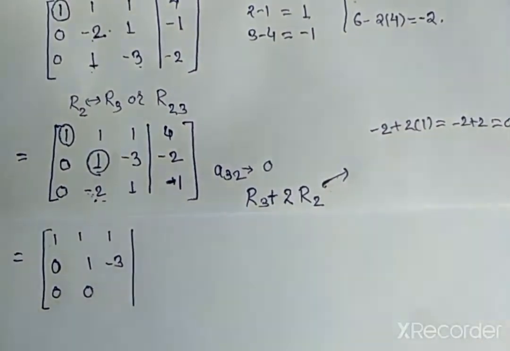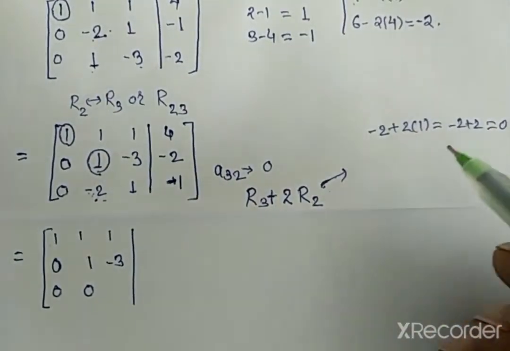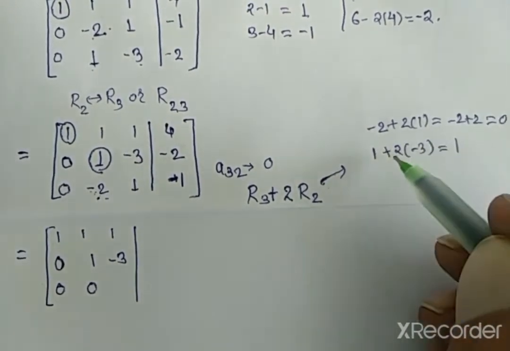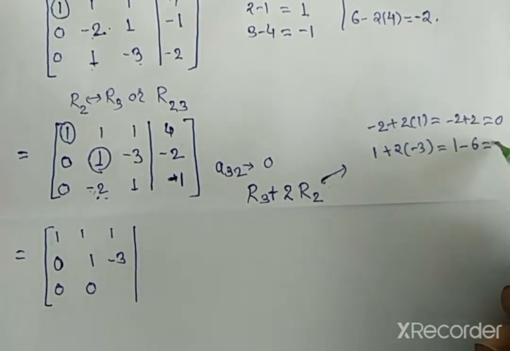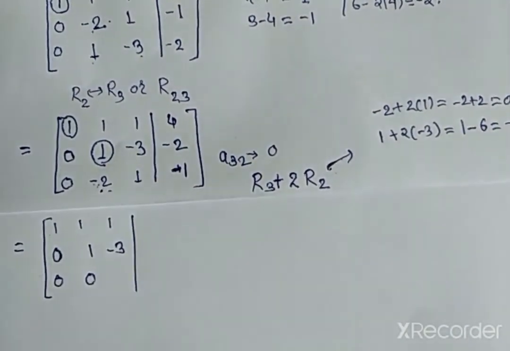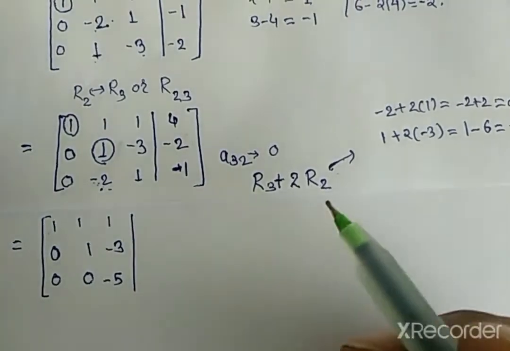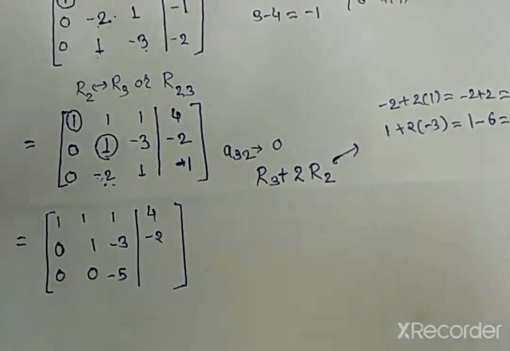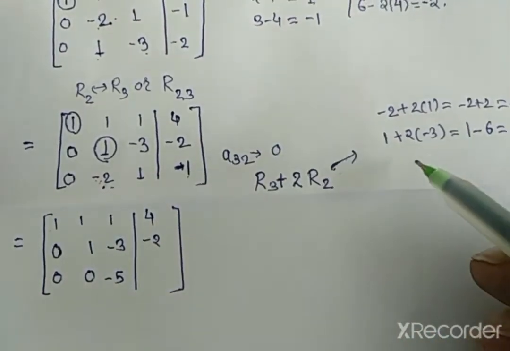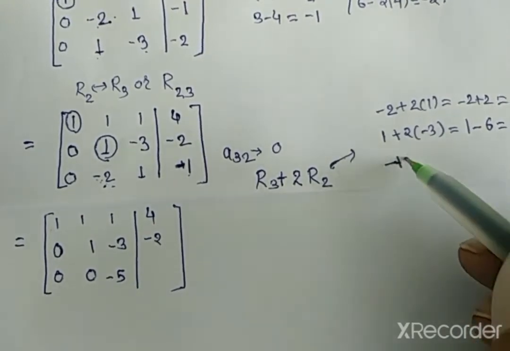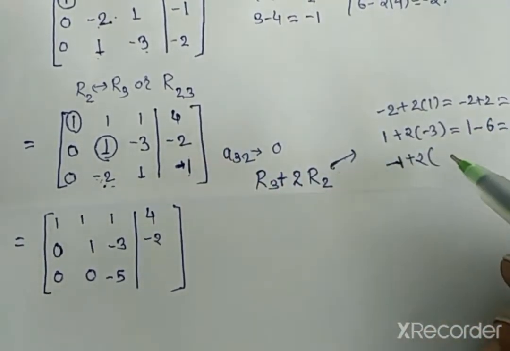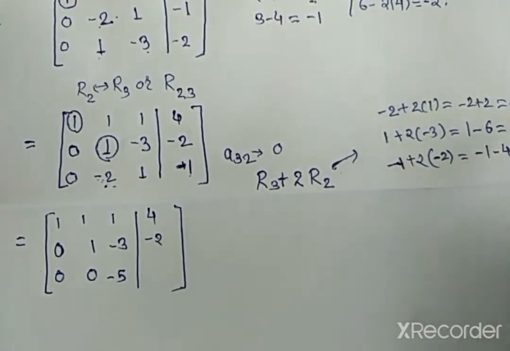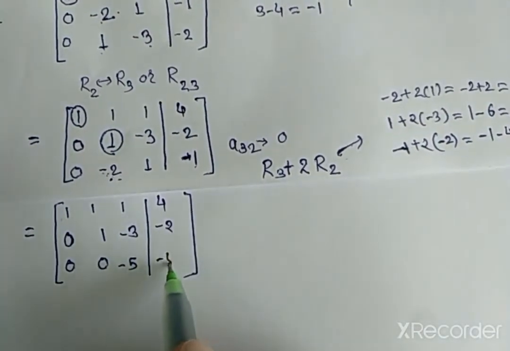Next it is 1 plus 2 into minus 3, which gives 1 minus 6, equal to minus 5. Here it is 4, minus 2 as it is. Now the last is minus 1 plus 2 into minus 2, which gives minus 1 minus 4, equal to minus 5. Okay, so it will be minus 5.